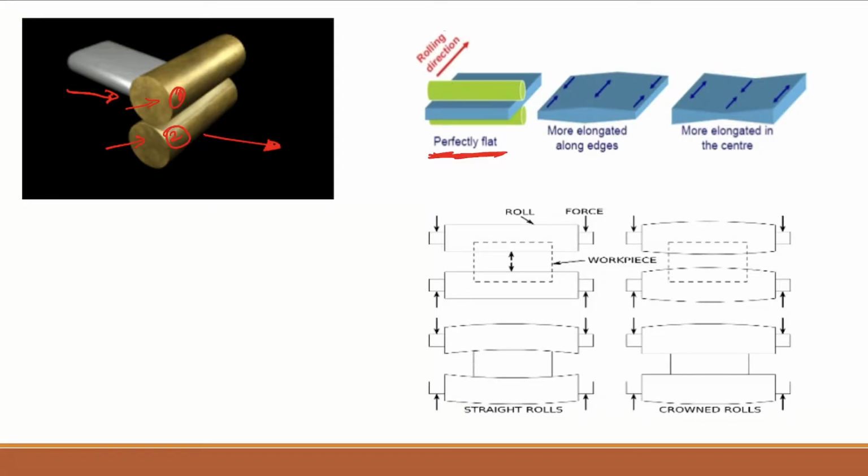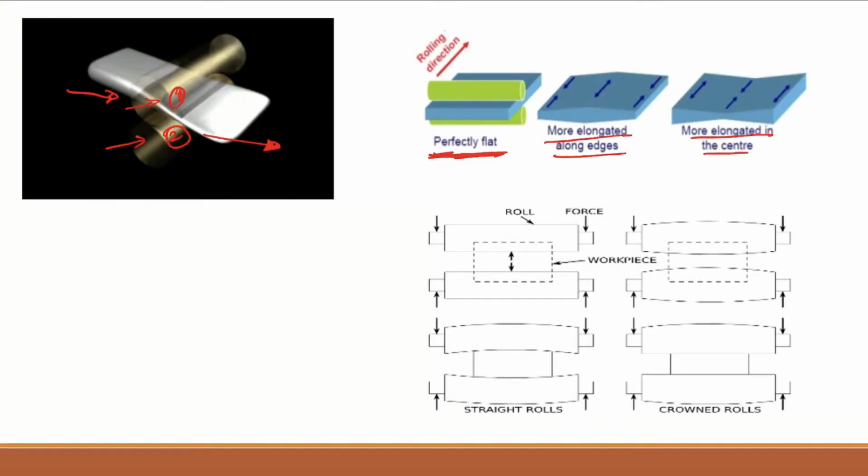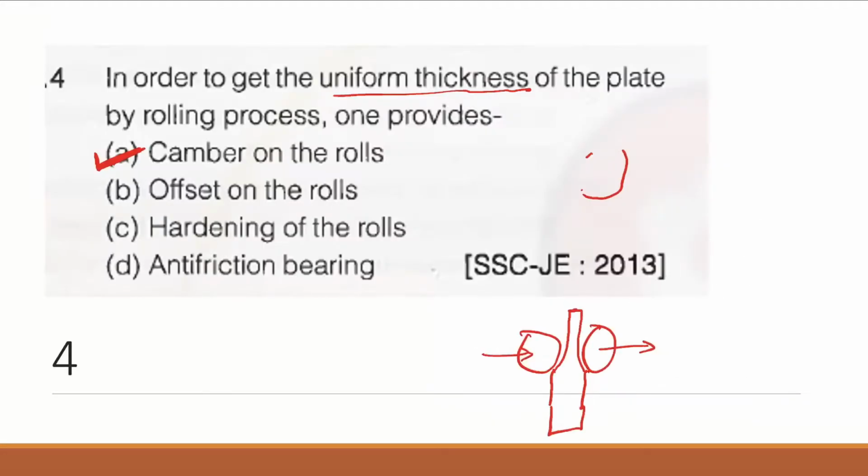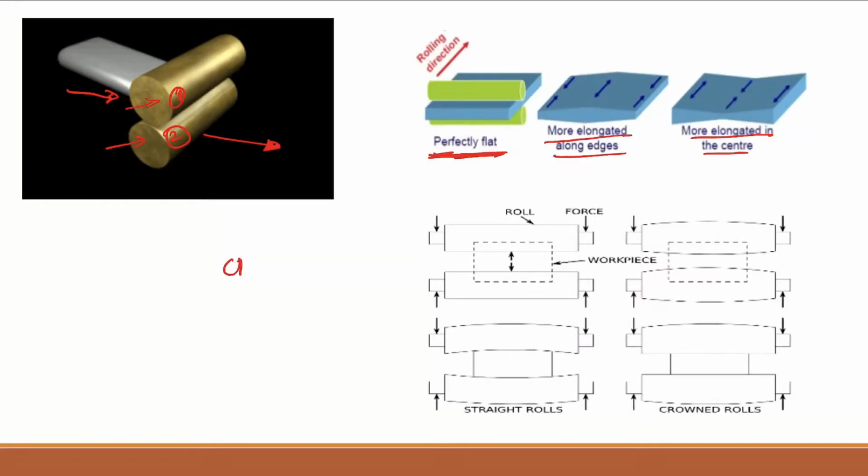Why? We get this elongation, sometimes more elongated along the edges, sometimes more elongated in the center. So we use a particular camber on the roll.